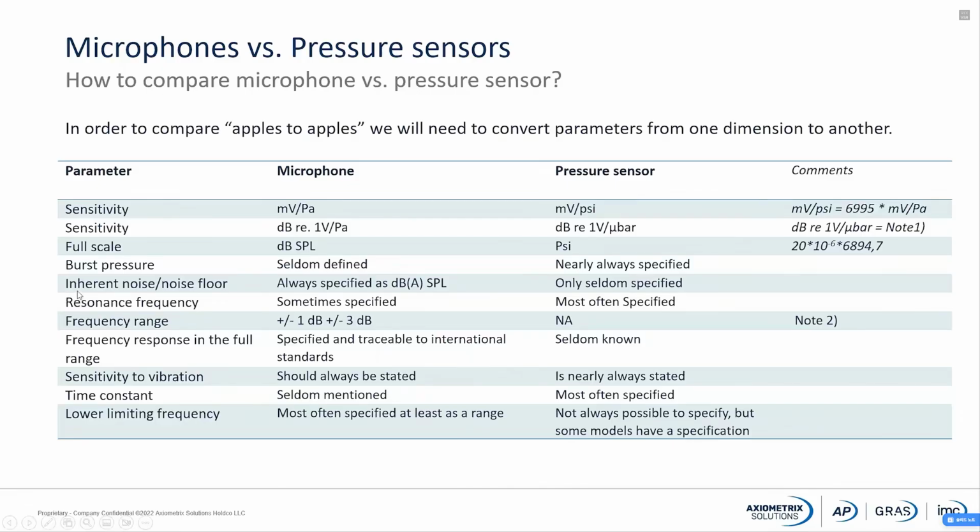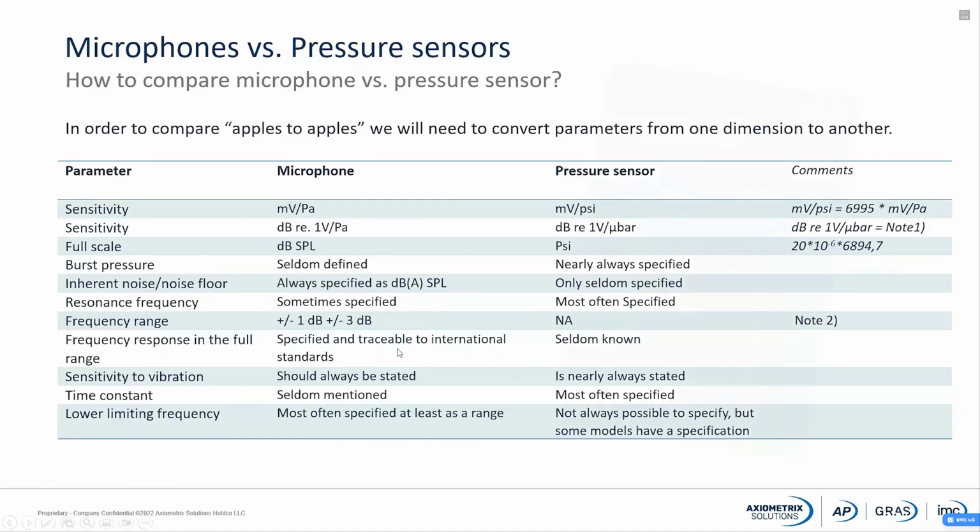So there are a number of different points here. If you take, for example, the inherent noise or the noise floor, that is always specified on a microphone in dBA, SPL, but only very seldom specified for a pressure sensor. So there are different ways of describing the functionality of the sensor.